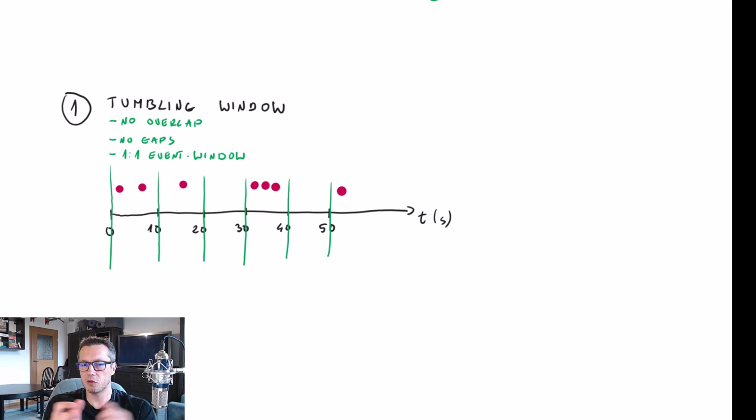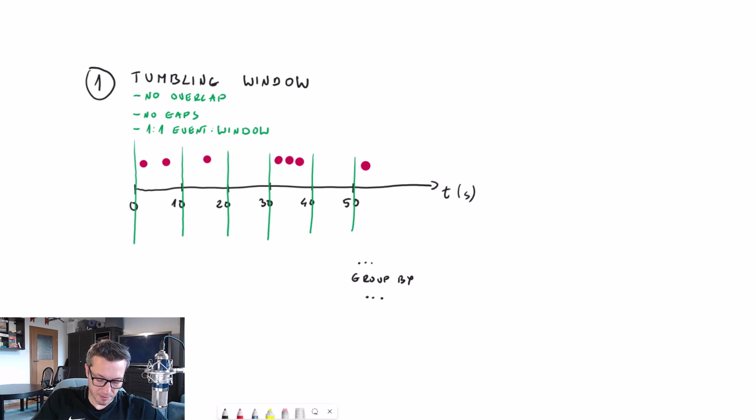Now, how to use this function? You would write your SQL query: select something, something, something, and then you would add group by, maybe some columns like episode ID, and then by tumbling window. That's the keyword that you've got to use. Then you have to indicate how big those windows should be.